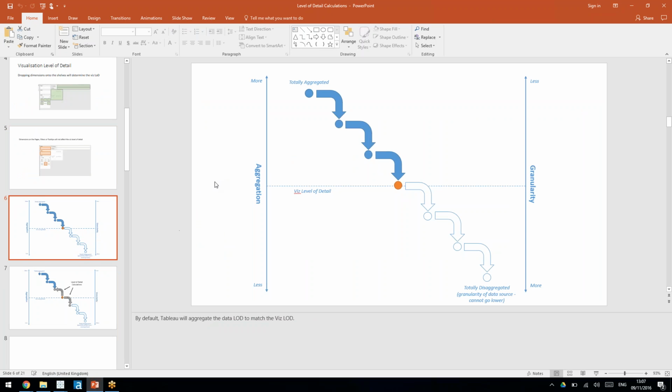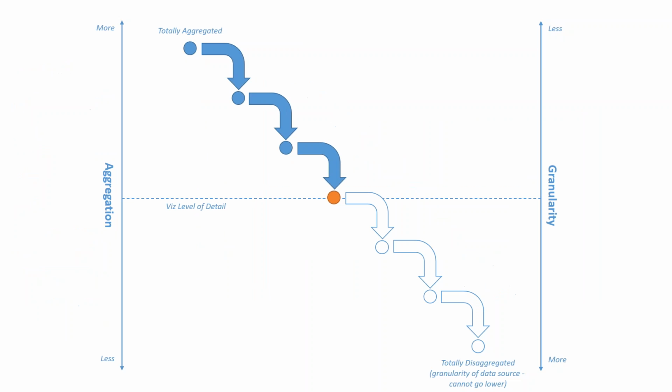So yeah, I quite like this picture from Tableau, which kind of explains things. You see there down the middle, your viz level of detail is determined by what you've just dropped into your visualization. Whereas totally aggregated data would be, I don't know, the total sum of sales of your data. Whereas totally disaggregated data would be the sum of sales for one row in your data.